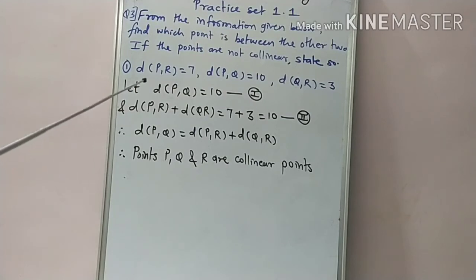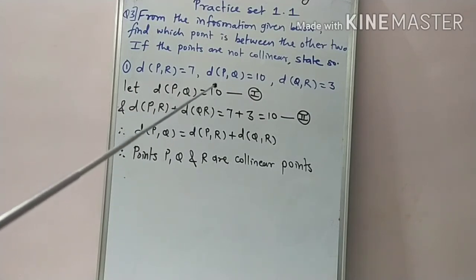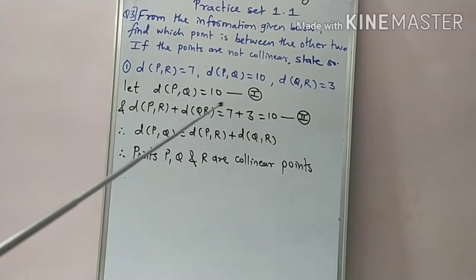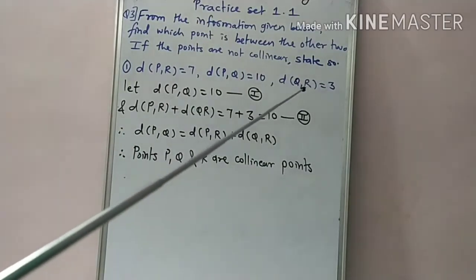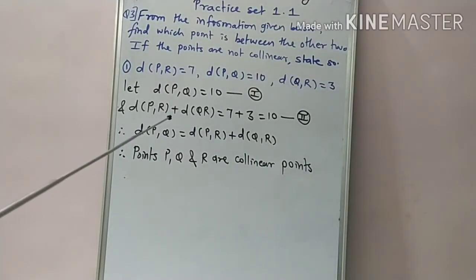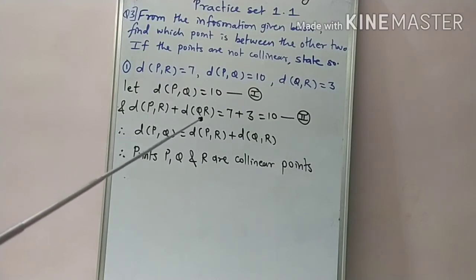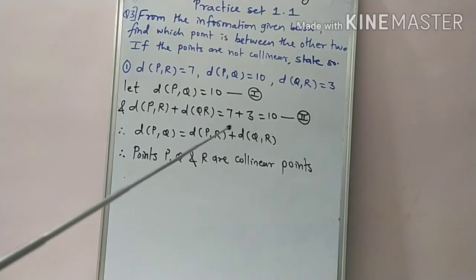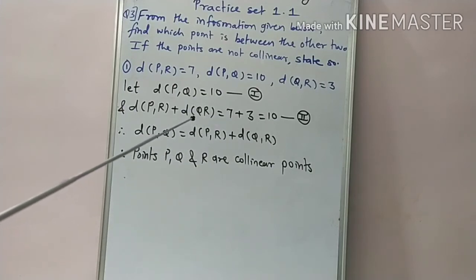The longest distance, distance PQ, equals 10, and we number it as 1. We take the sum of the remaining 2, distance PR plus distance QR, equals 7 plus 3, that is 10, and number it as 2. You are supposed to give a comma here.